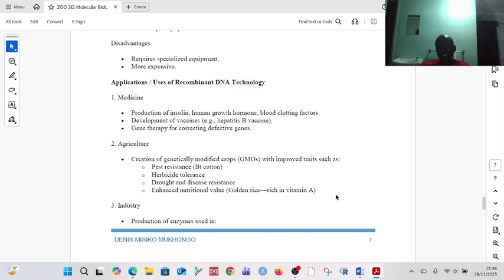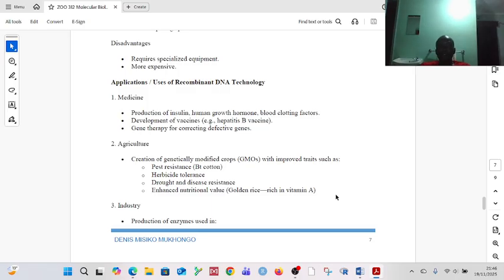In which fields can recombinant DNA find application? The answer is in several, but we'll just list a few. One, in medicine. We have, for example, the hormone insulin being produced using recombinant DNA.